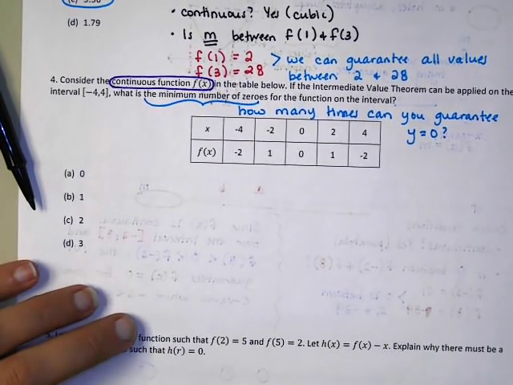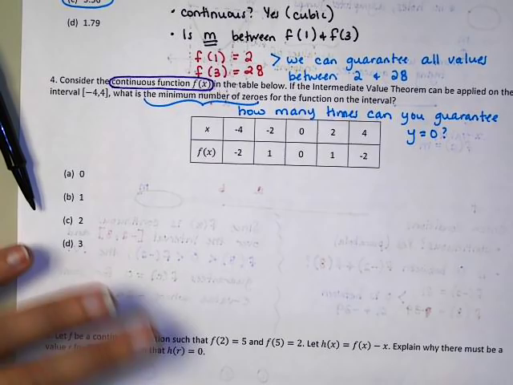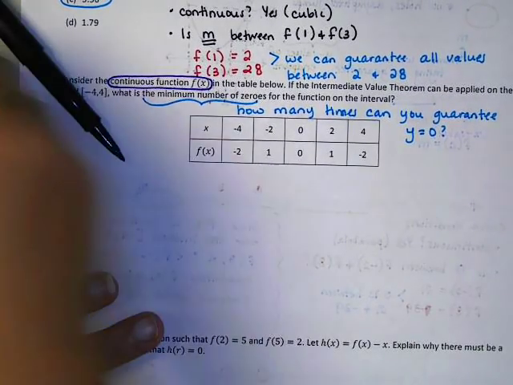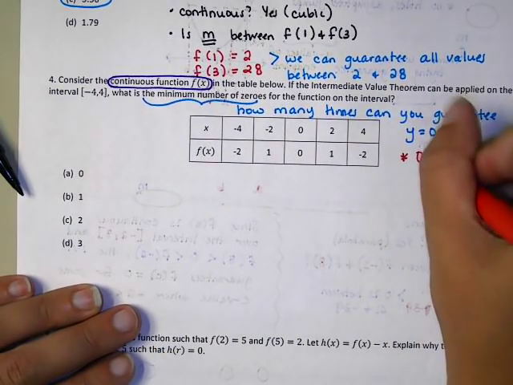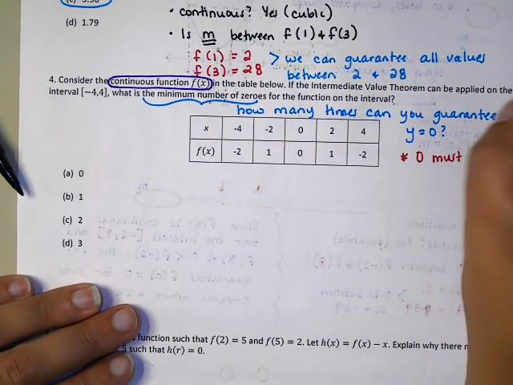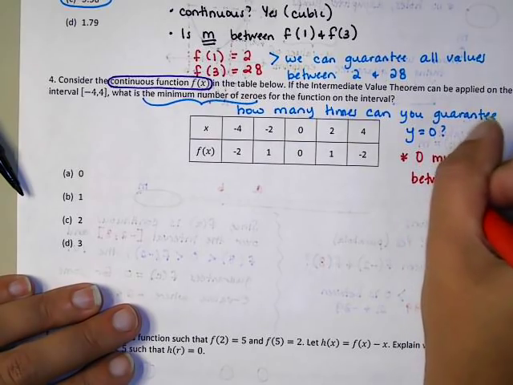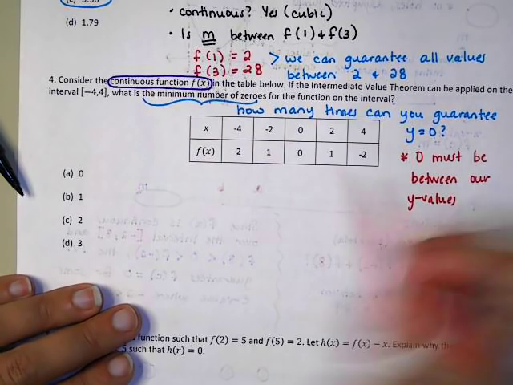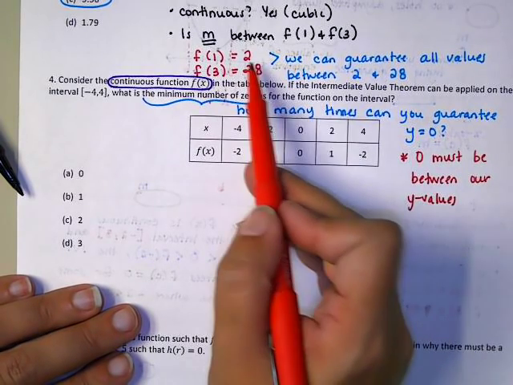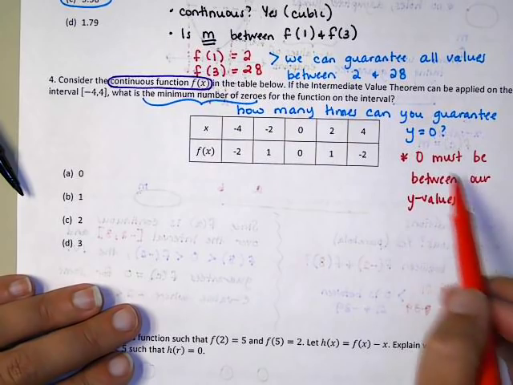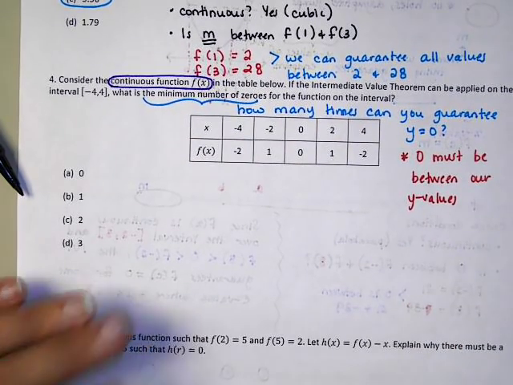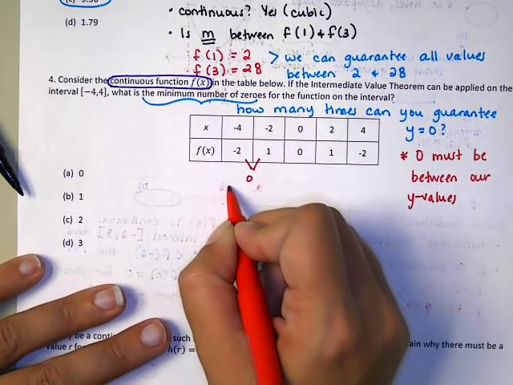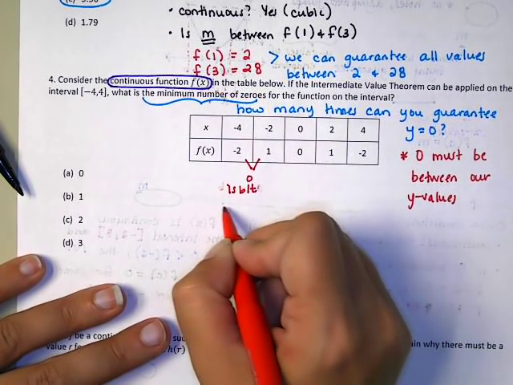Well, we're going to be able to guarantee that y is equal to 0 whenever 0 is between our y values that we can see. So just like here, we could guarantee all the numbers between these two y values, 0 must be between our y values to be able to make that promise. 0 is between -2 and 1.